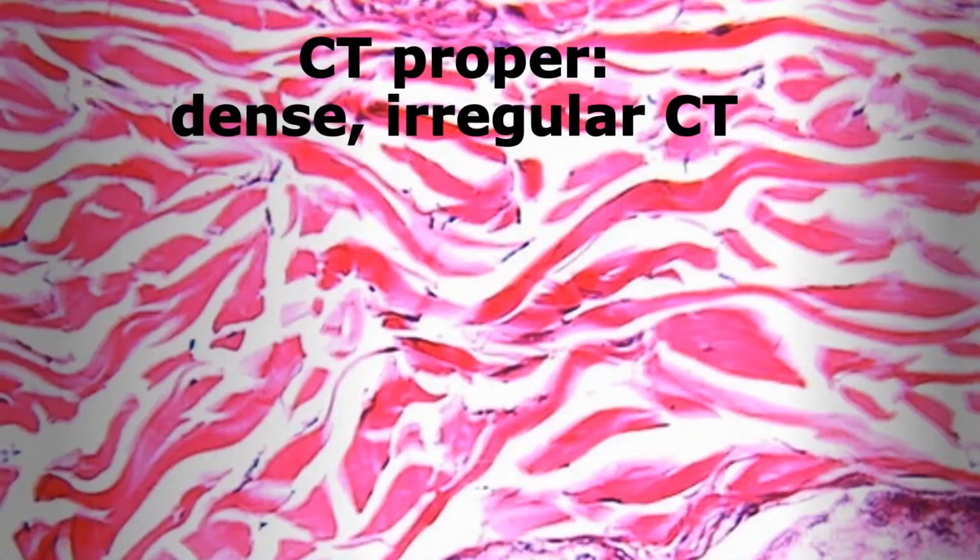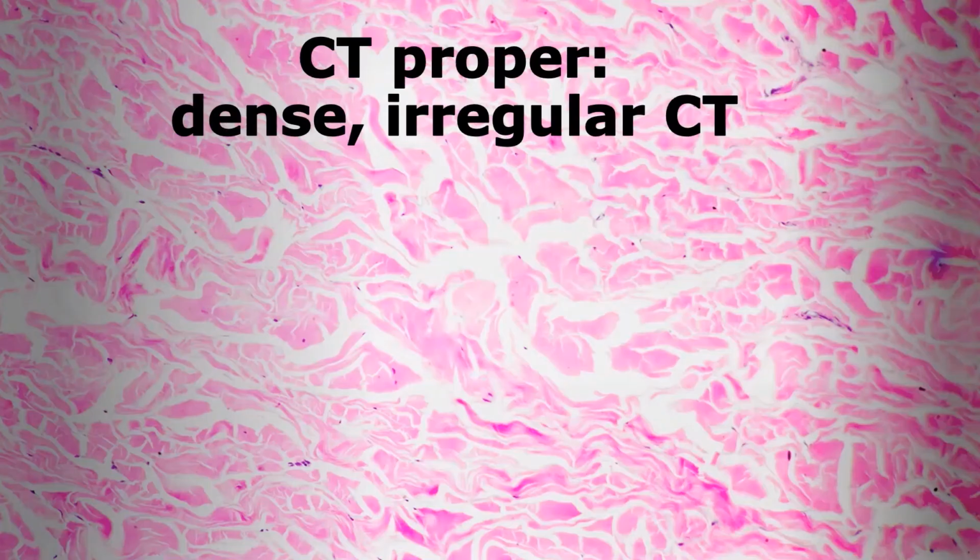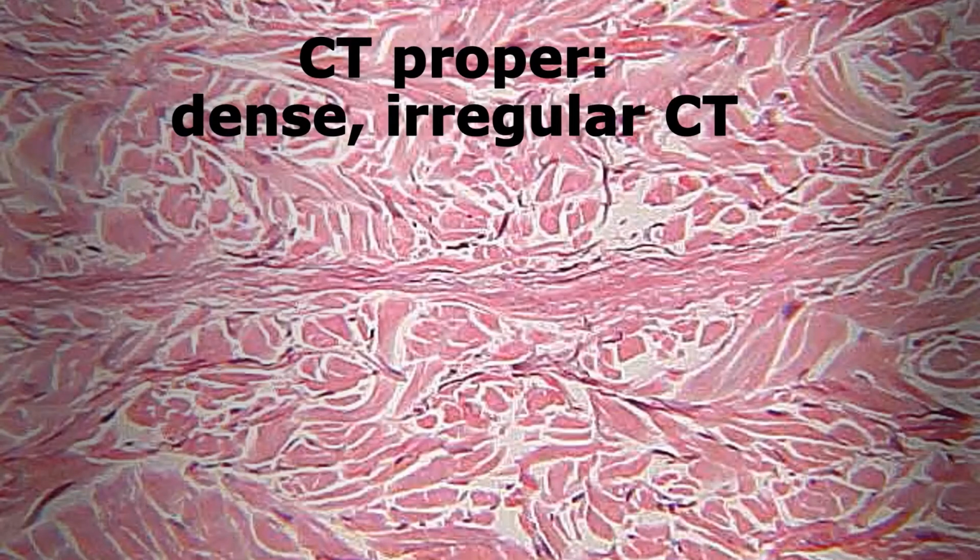I see the fibroblast nuclei still, these darker staining thingamajigs right here, but mostly I see irregularly arranged collagen fibers. Another great marbling picture. If you can see it already by your fourth slide, you're ready for your test, man. No problem. Another great picture of marbled, dense, irregular connective tissue.